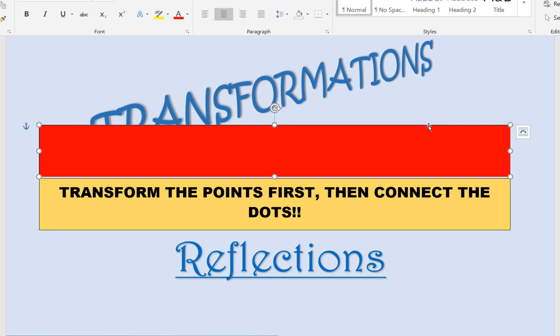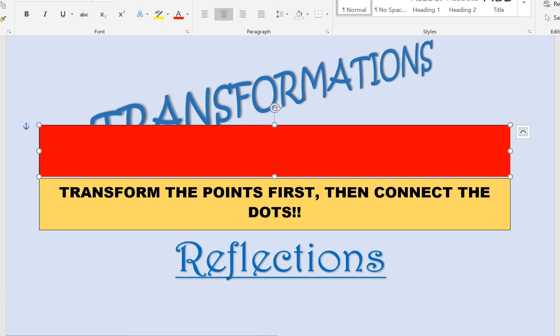It's going to be a congruent image for the first three transformations, and then for dilations it's going to be similar. Okay, we'll talk about what that means. But if you do a transformation of a triangle and you get a square, that's a problem, okay? So you're going to do the points first, and then you connect the dots, okay?